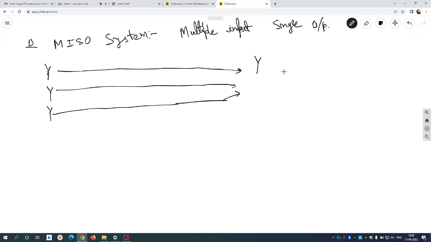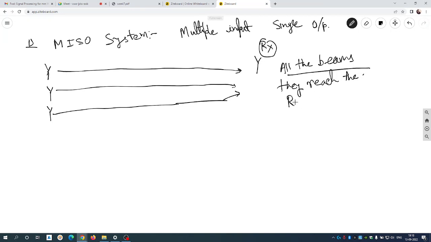So see, all the beams reach the receiver antenna parallelly. If it is the RX receiver side, they all reach the RX side parallelly. So if it is the case, we can consider that the path gain is almost constant.